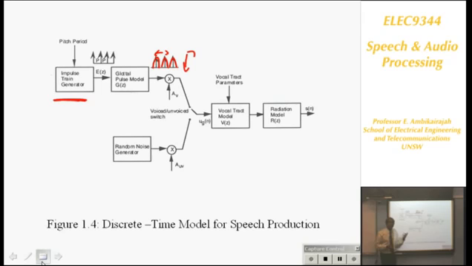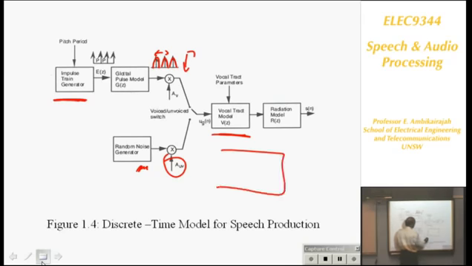Similarly, for random noise, you got a box here which creates random noise. Its amplitude is adjusted. Then this switch decides which one to go, and then you go to the vocal tract. Vocal tract has got a transfer function, which is a digital filter, which has got a resonant frequency. Resonant frequency means what? If you take a digital filter, it must have a transfer function of 1 over 1 plus v1 z to the minus 1 plus v2 z to the minus 2.